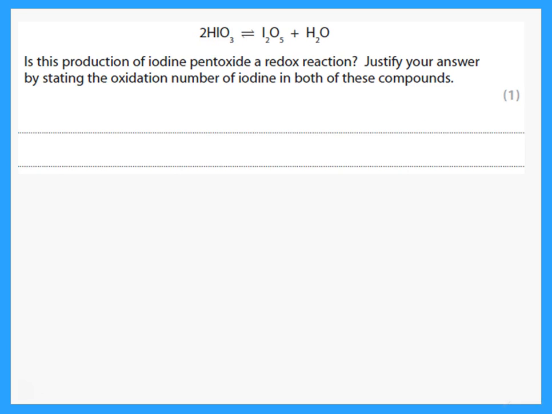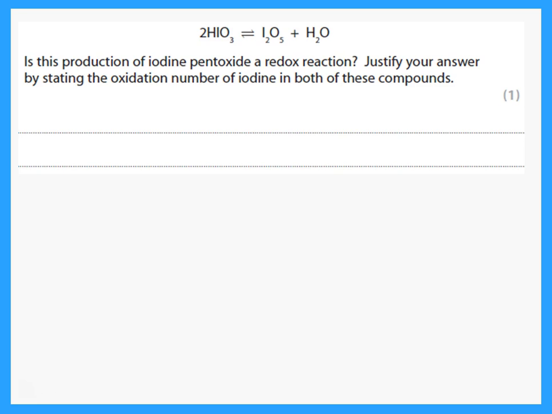In this question, he's saying, is the production of iodine pentoxide in this reaction a redox? Okay, let's take a look. If I look at the HIO3, what is the oxidation number of iodine? Well, oxygens are -2. I have 3 of them, that's -6. The hydrogen is +1, so the iodine has to be +5.